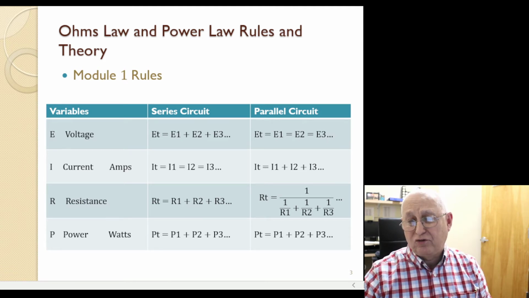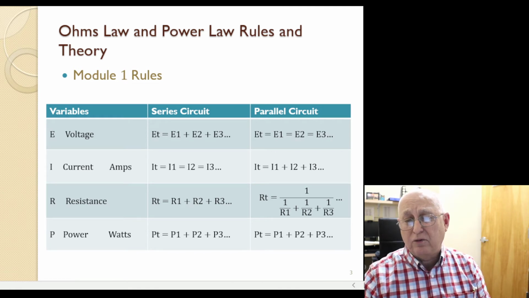Current is the opposite. In a series circuit, if I measure my current at R1, R2, and R3, they will all be the same as measuring it at the total voltage source.